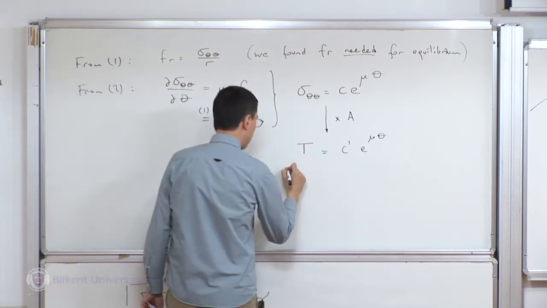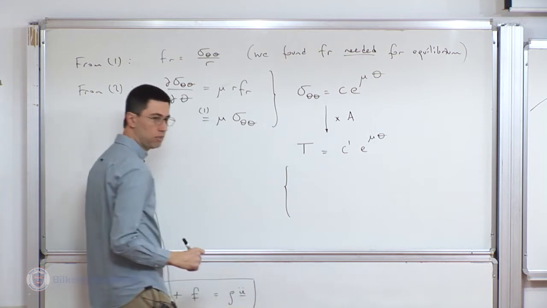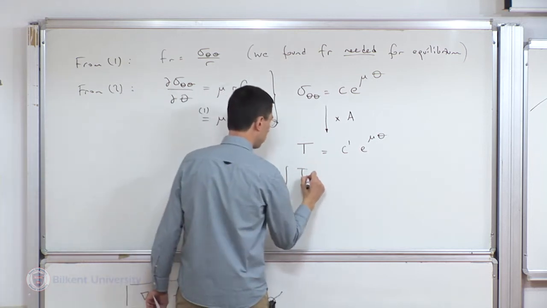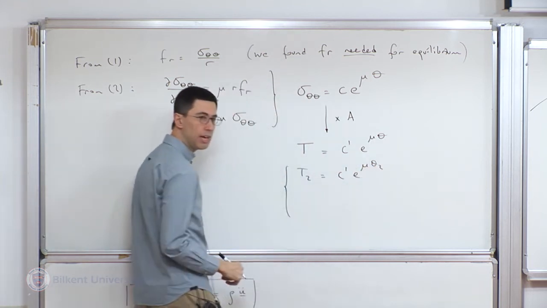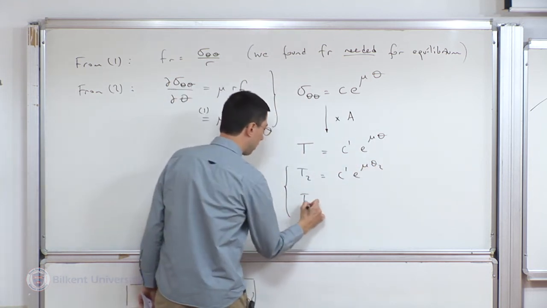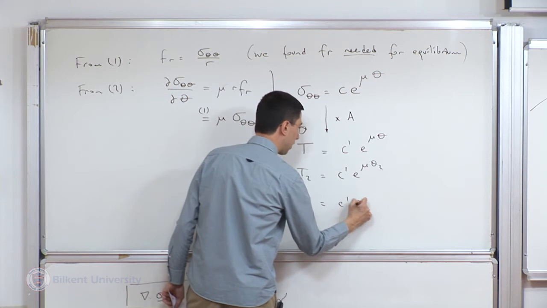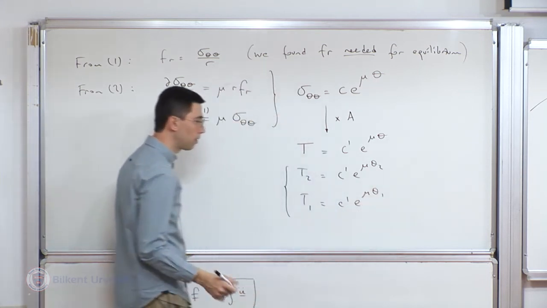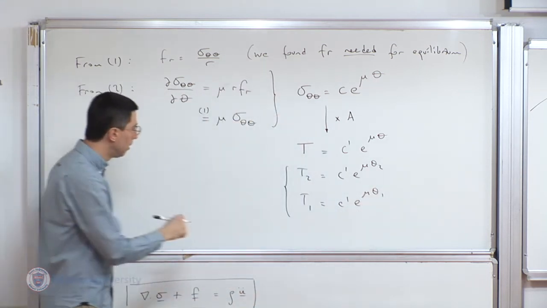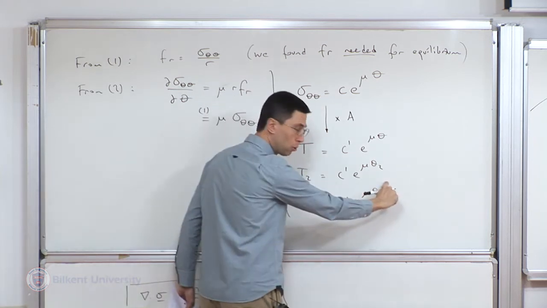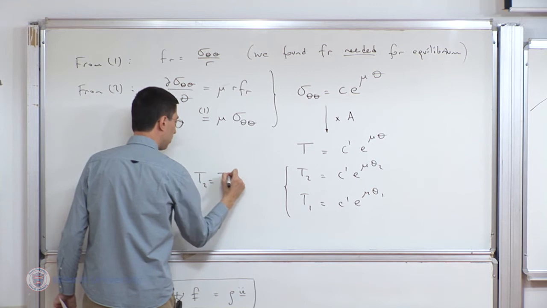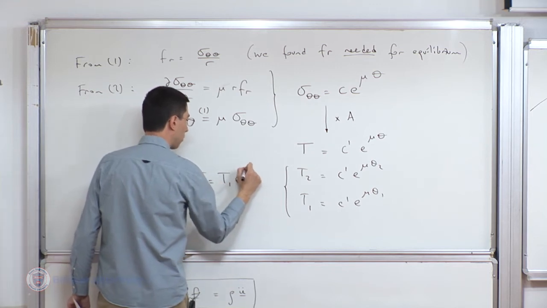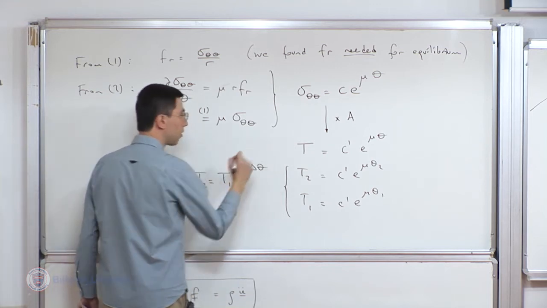Now I can evaluate T at two points. For instance, I can evaluate T at an angle theta 2 and at an angle theta 1, where theta 2 is greater than theta 1. Then if I take the ratio of the two, I will find T2 is equal to T1 e to the power mu delta theta.